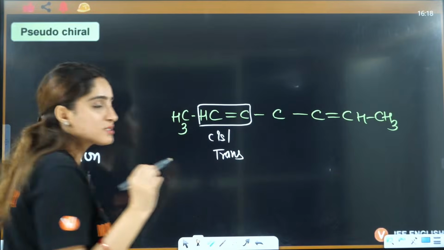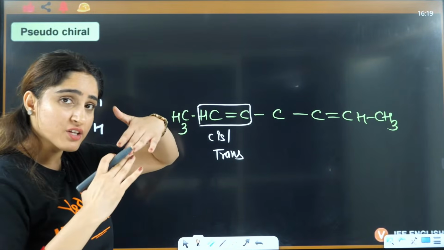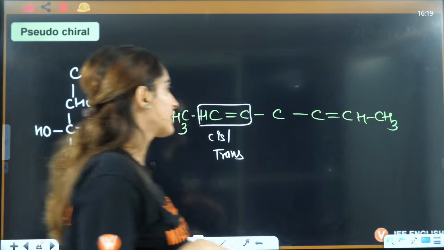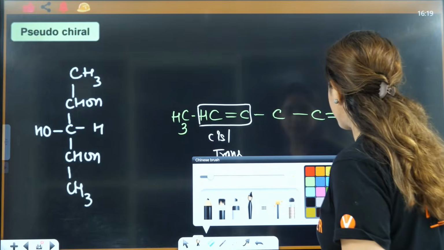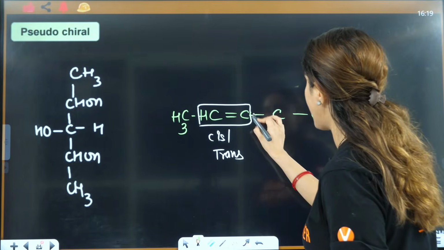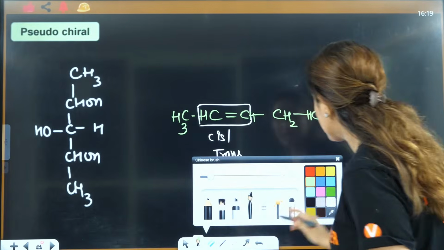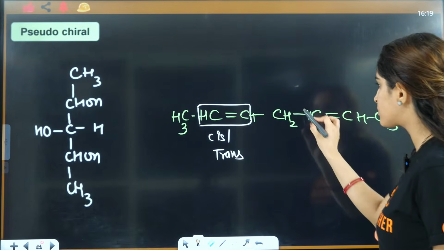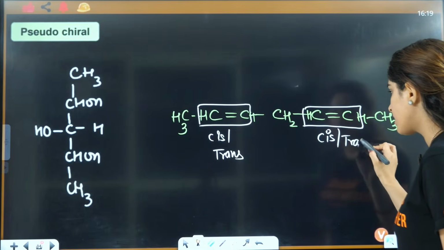Now cis and trans is also defined by whether they are opposite to each other or on the same side, right? So they are also defined like that. For example, here you will have this hydrogen also, this also will have hydrogen, this also will have hydrogen, this will have H2. Now this can be cis or trans, this also can be cis or trans, right?